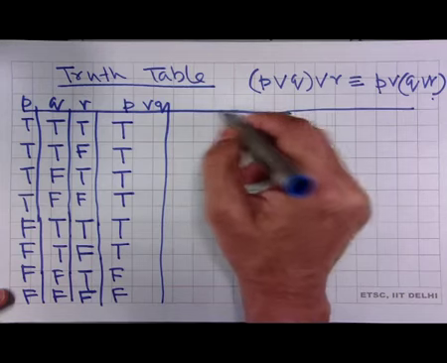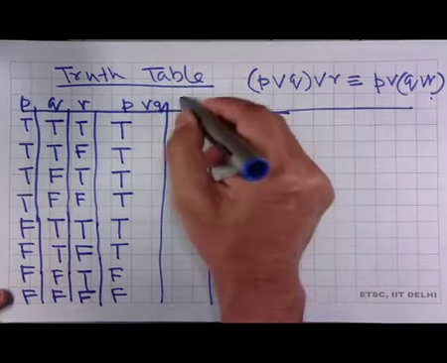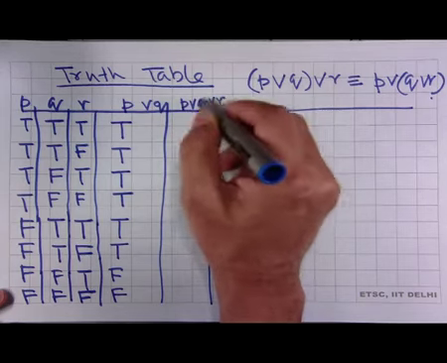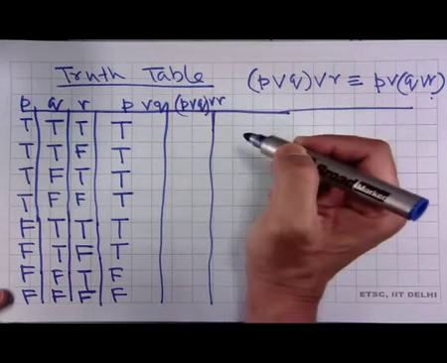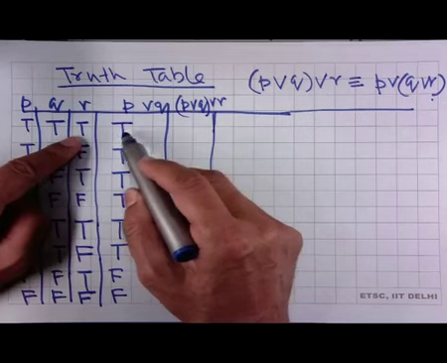Therefore, (P or Q) or R, now what we will do? We will OR between R and (P or Q).